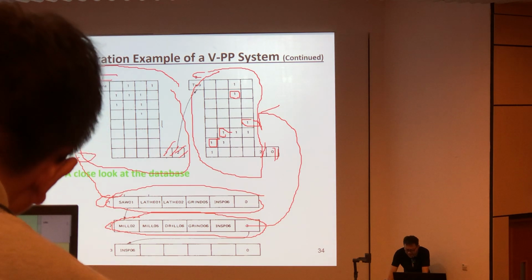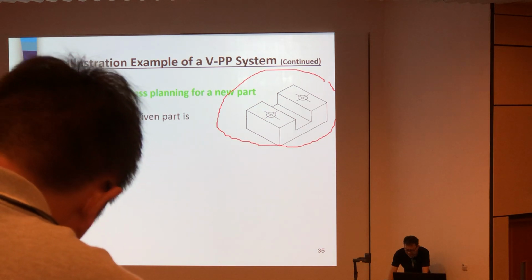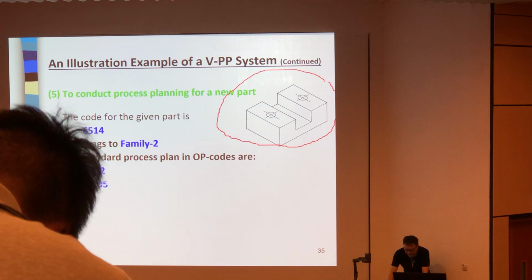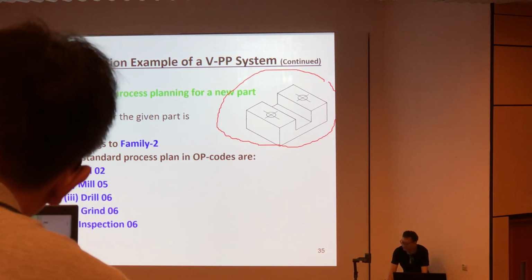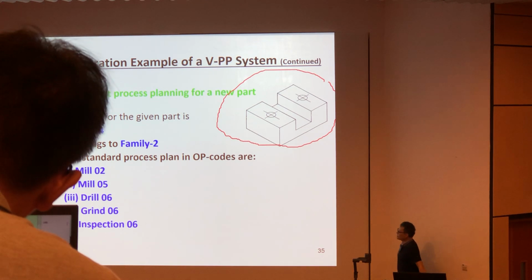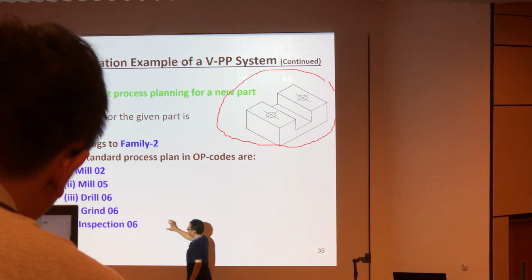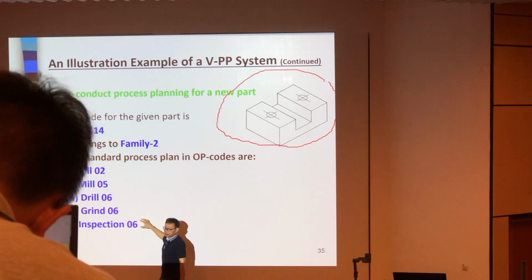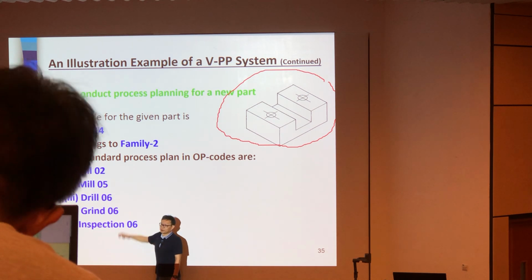It's stored here in OP code. So these are the standard plan. Okay. So once we find that, then the next step is not shown here, but we should expand this by using its OP plan for each OP code.